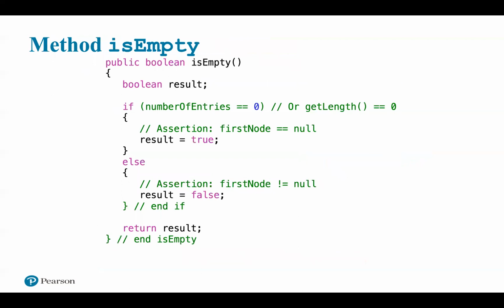So let's talk about the methods isEmpty and toArray. The method isEmpty and assertions. The implementation of the method isEmpty could simply test that the length of the list is 0, as it did in the array-based implementation that we saw in the previous chapter. However, we have another criterion that we could use here. When a list is empty, the reference firstNode is null.